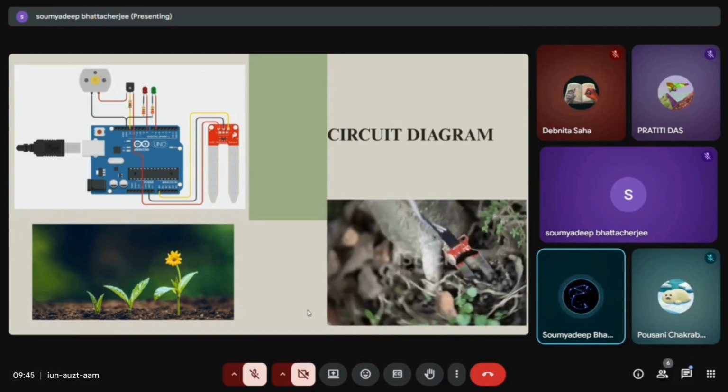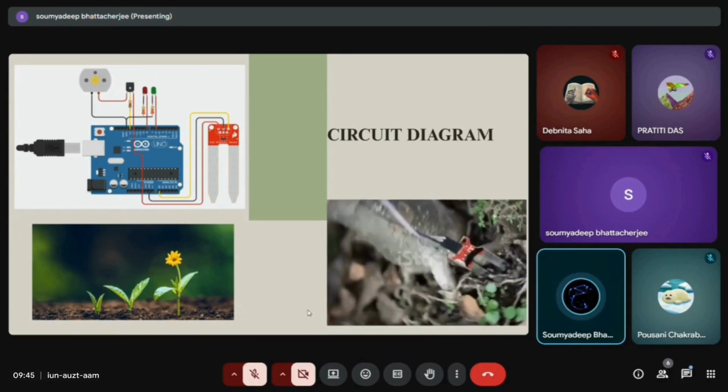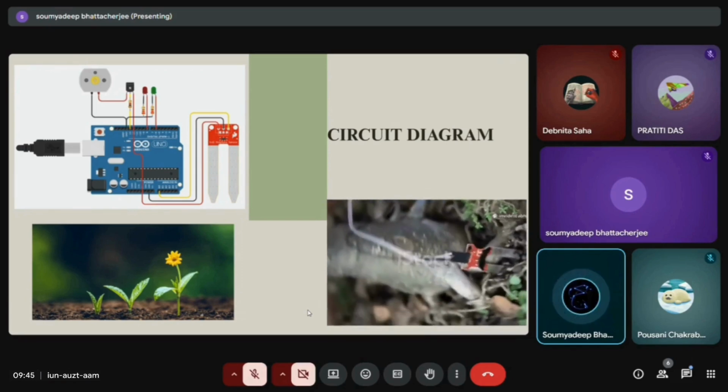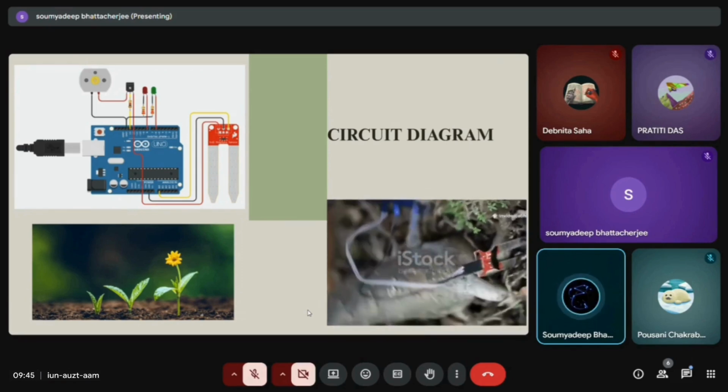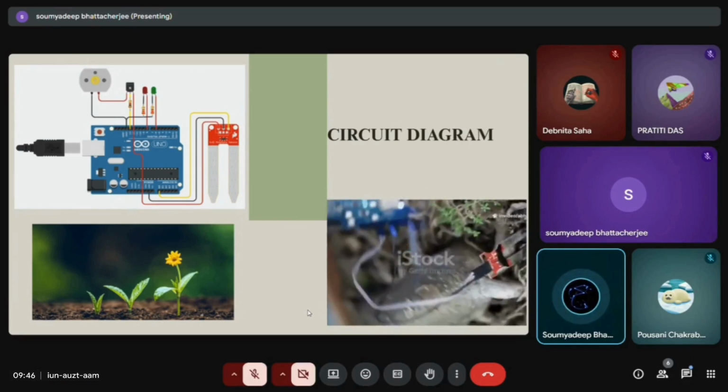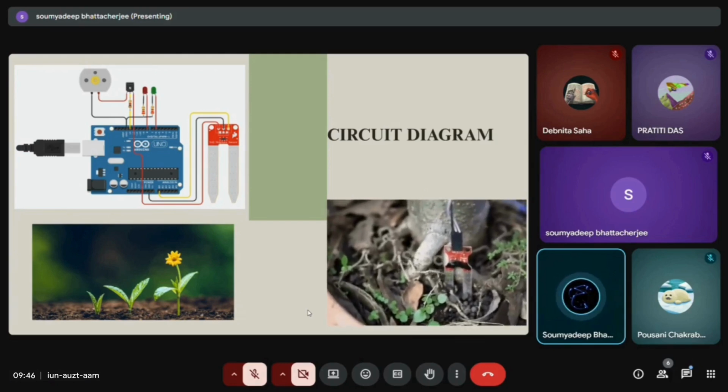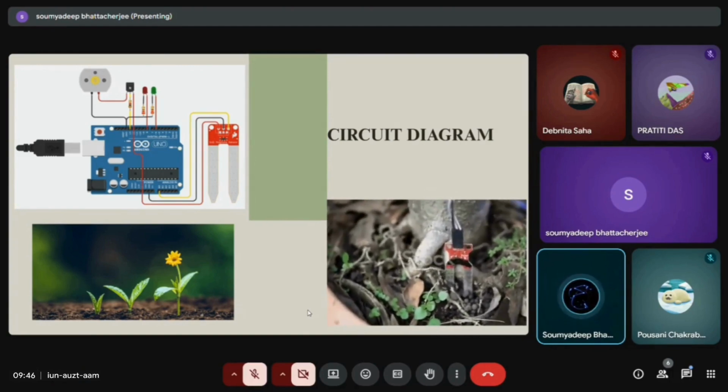We use a resistor in series with the LED to limit the current, preventing the LED from burning out and protecting the Arduino pin. Understanding this diagram is fundamental. It moves our project from a concept to a reliable, electrically sound circuit.